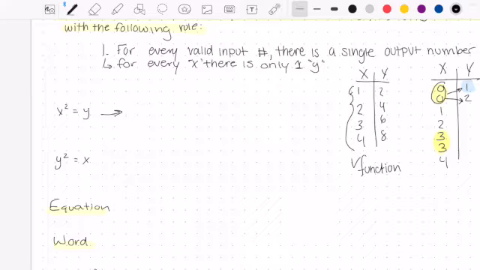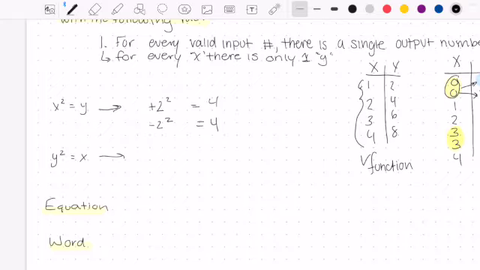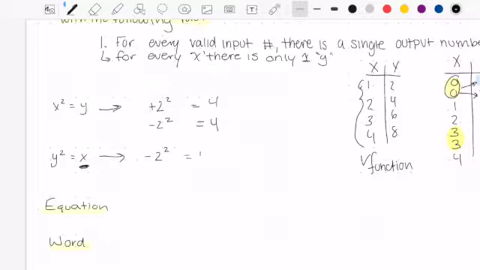So if I had this one here, what this is looking like is positive 2 squared is equal to 4, and negative 2 squared is equal to 4. So I'm looking at these values here, whereas this one is going to be the same thing, but I'm going to get the same x value.